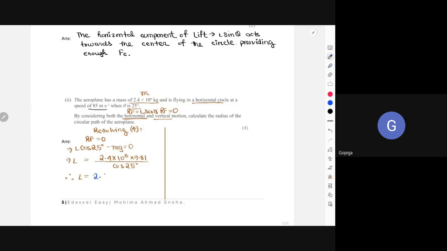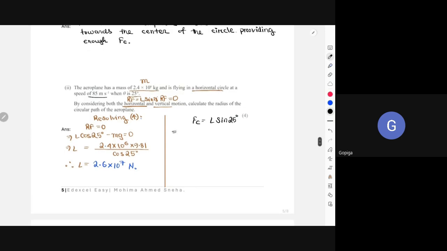This is 2.6 times 10 to the power 7 Newton. Now for this lift, I can calculate the value for your radius. I already have the value for your tangential velocity, 85. So basically I'm going to use that FC is now L sine 25 degrees. I know this. So using this, I can break it down as mv squared over r.